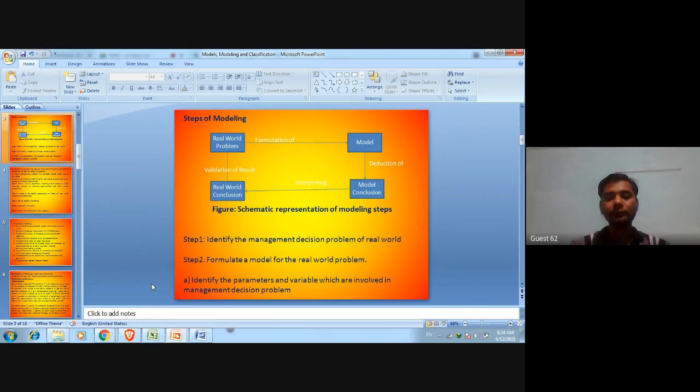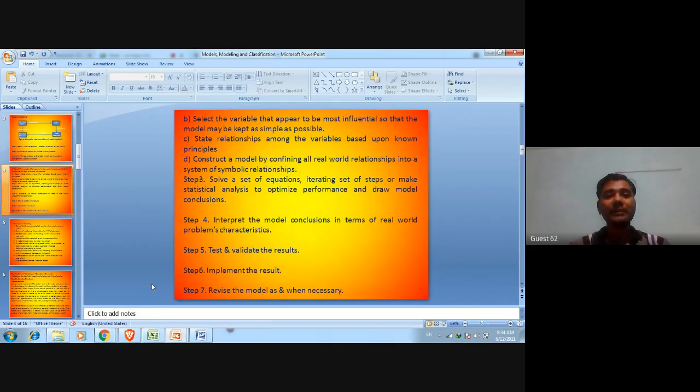Okay. Now, select the variables that appear to be most influential so that the model may be kept as simple as possible. Now we have to select those factors which are most influential, means which have the most effect on our objective function.